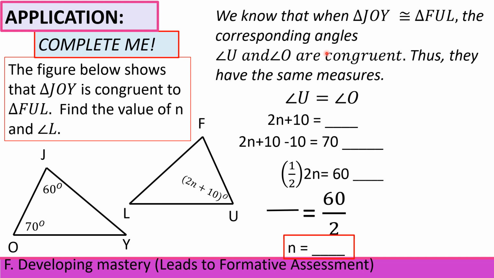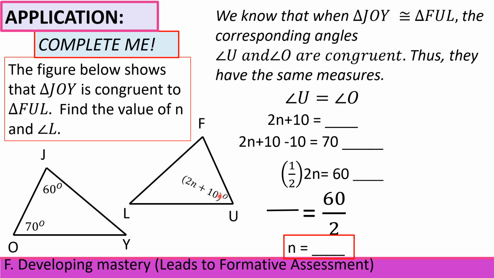So we know that triangle JOY is congruent to triangle FUL. So the corresponding angles are angle U is congruent to angle O. Thus, they have the same measure. So you complete.